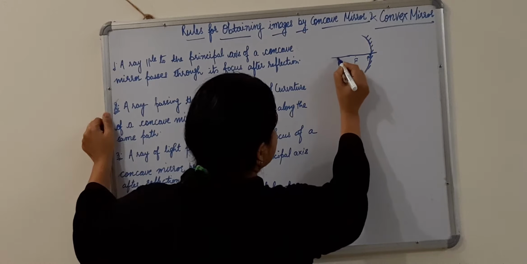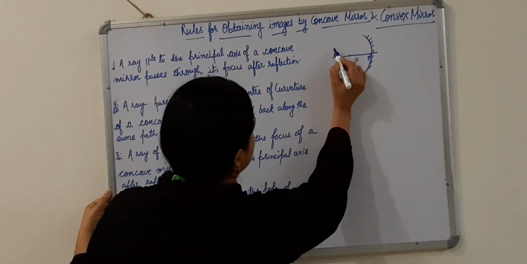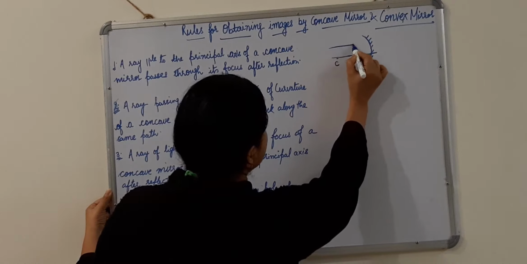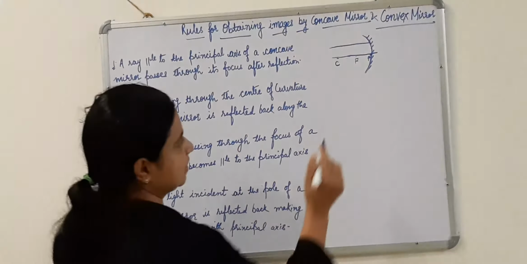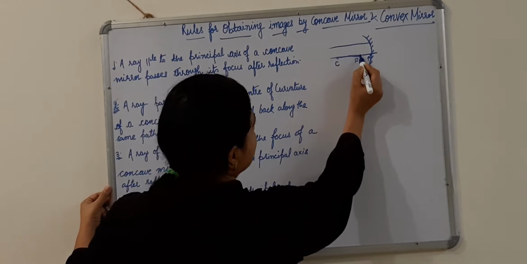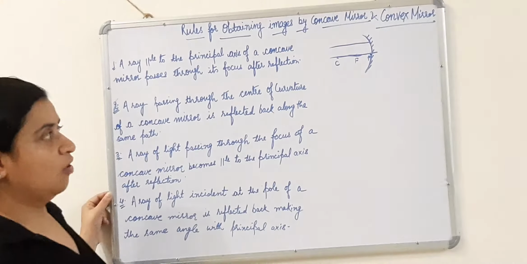Any ray of light which is parallel to the principal axis of a concave mirror. This is a ray of light. Suppose this ray of light is coming like this. When the object is at infinity, we always draw the ray of light as parallel to the principal axis. This is our principal axis, an imaginary line which passes through the focus, center of curvature and the pole of a mirror.